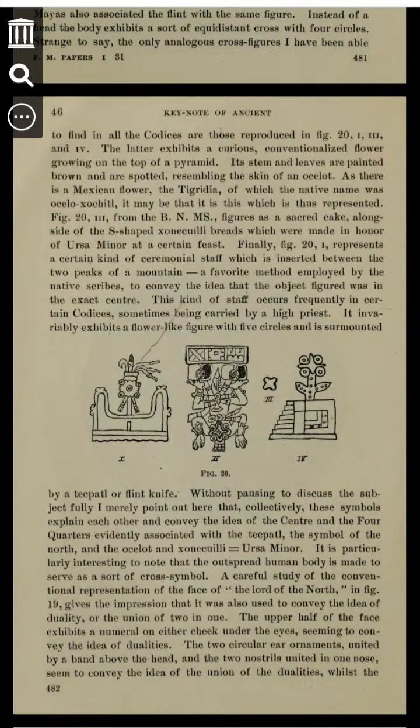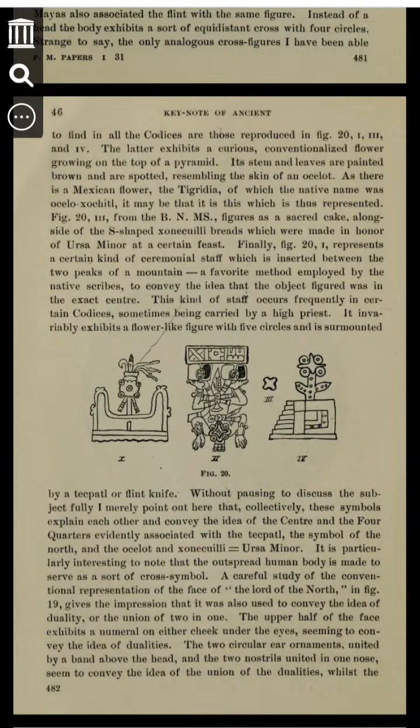As there is a Mexican flower, the tigridia, I'm not even sure if I'm pronouncing that right, of which the name was... I think I pronounced it right. It may be that it is this which is thus represented.